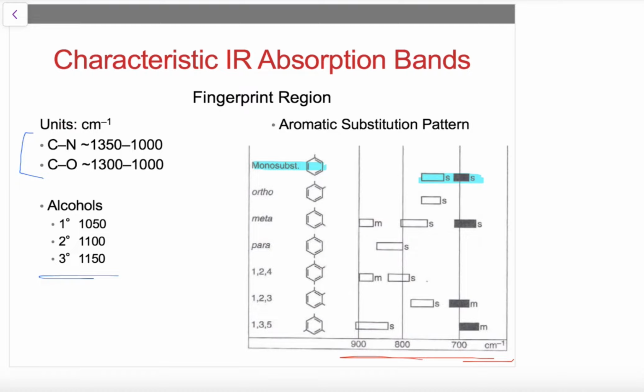For instance, there should be a peak, if we follow it down, somewhere in the 750 area and around 700 for the mono-substituted. You can use this chart to look at the peaks in the fingerprint region to figure out the aromatic substitution pattern.